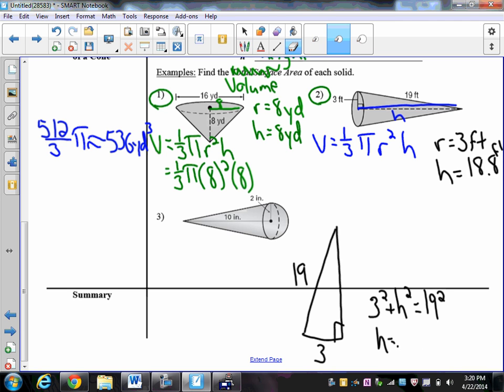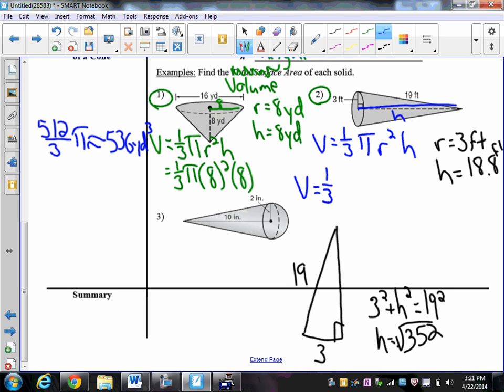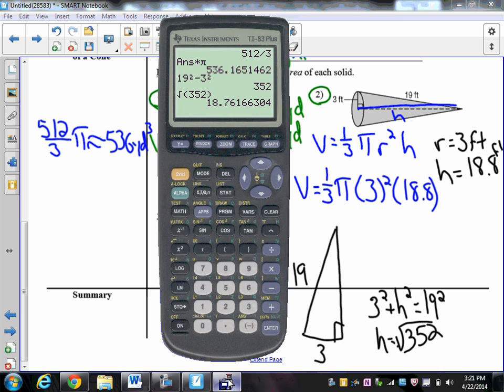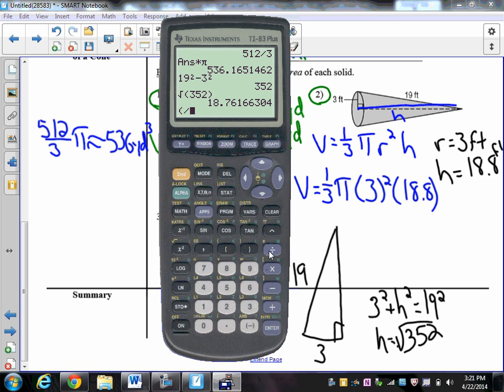So we'll put the square root of 352 in here, because that's its exact value. 18.8 is just an approximation. So whenever I have the radius and the height, I just plug it in. So remember, whenever we put the 1/3 in, to put that in parentheses.